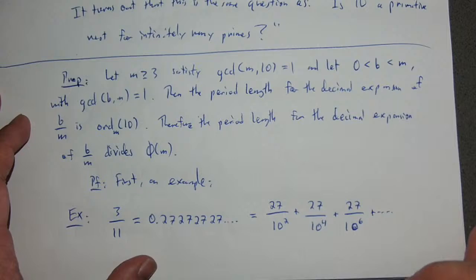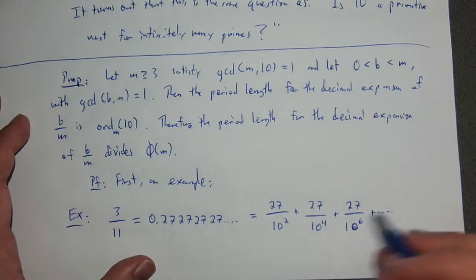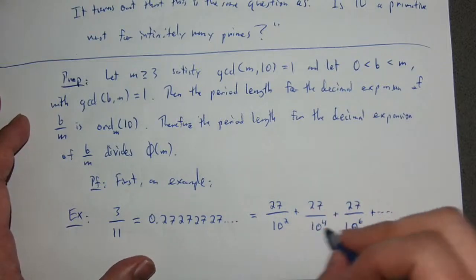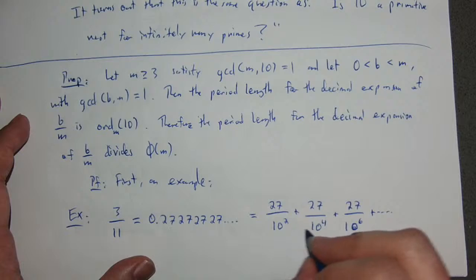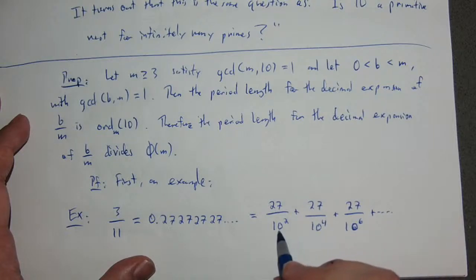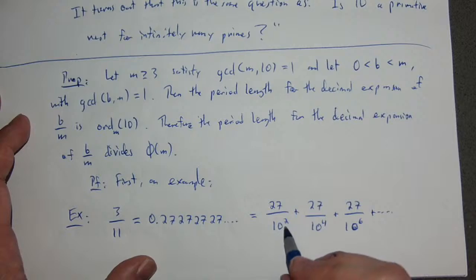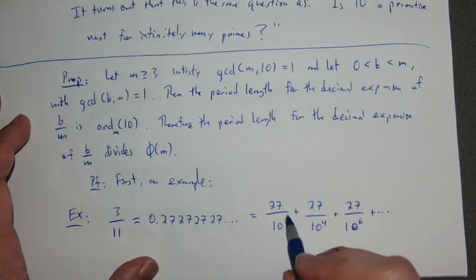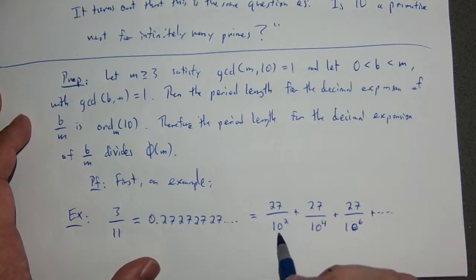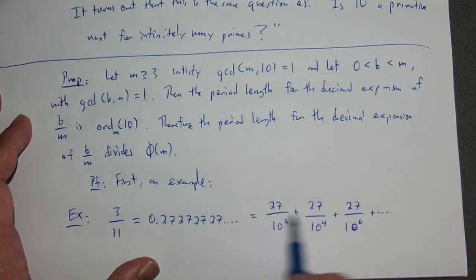Well, if I'm thinking about what it is that I'm doing here, 10 to the minus 2 is the thing that's being raised to the power in my geometric series, right? And so what do I get?